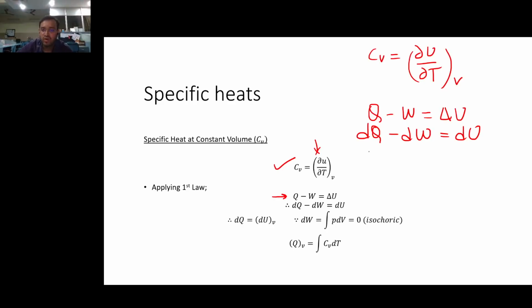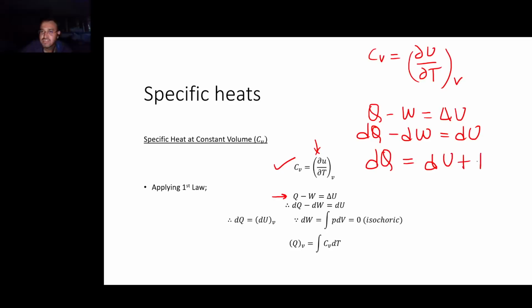Let's rearrange this equation to get dq equals du plus dw, heat equal to internal energy plus work done.